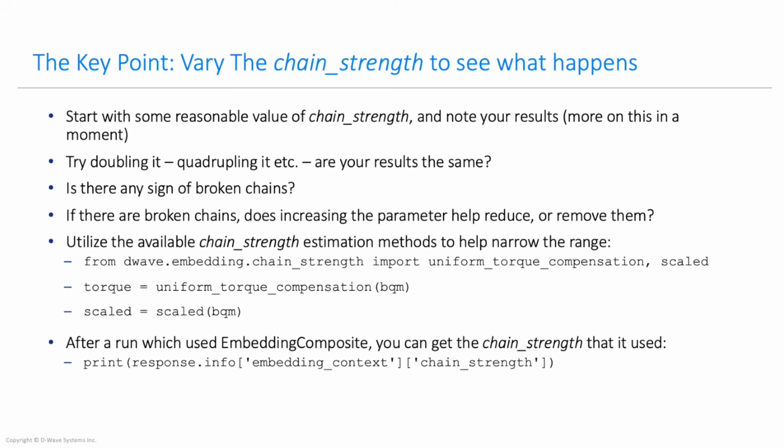And then you can also get the chain strength back from running with embedding composite using the syntax below at the bottom, printing response info, embedding context, chain strength. So all these things should give some range that the chain strength should be in.